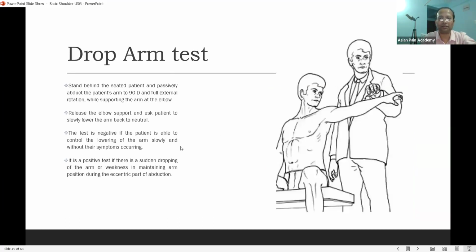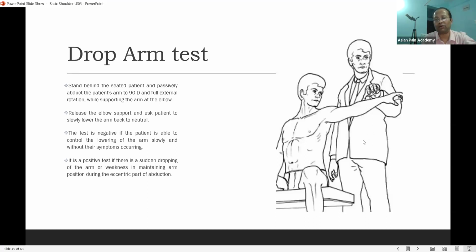Drop arm test, mainly 30° to 60°. 30° to 90° is the painful arc of the supraspinatus. So after the patient attains this position passively by the examiner, you tell the patient to lower the arm slowly.